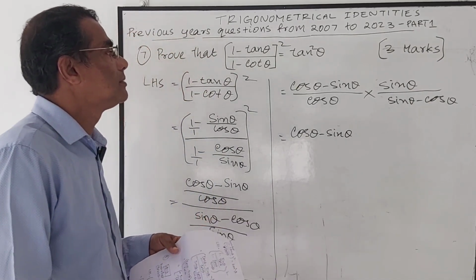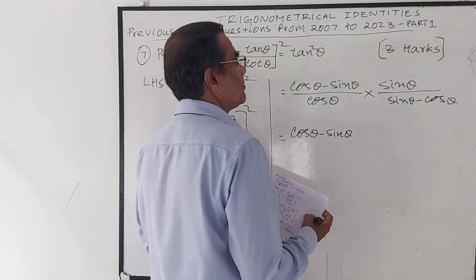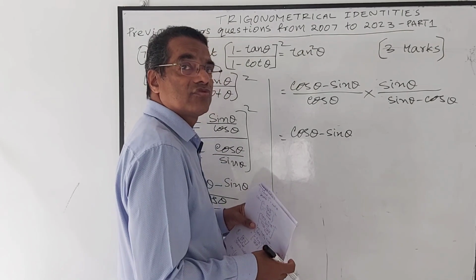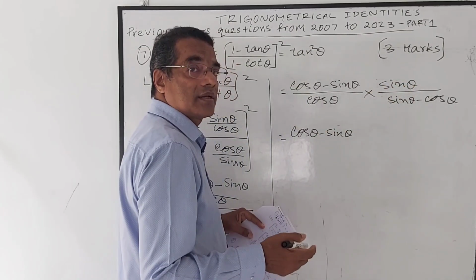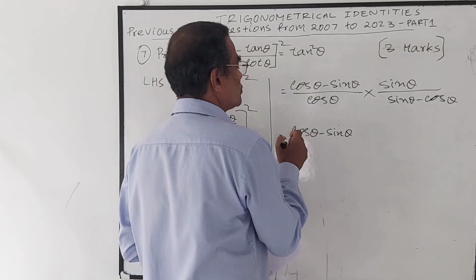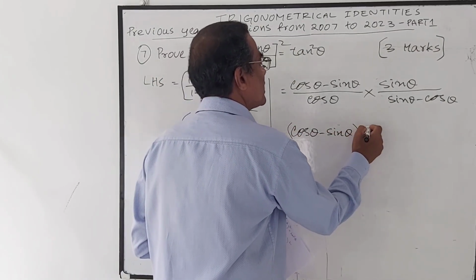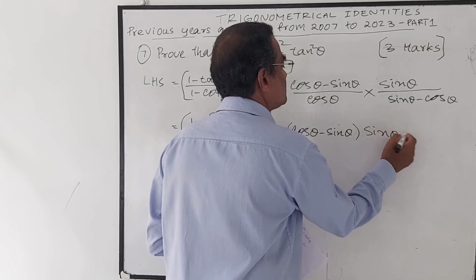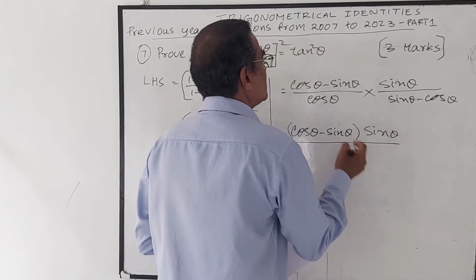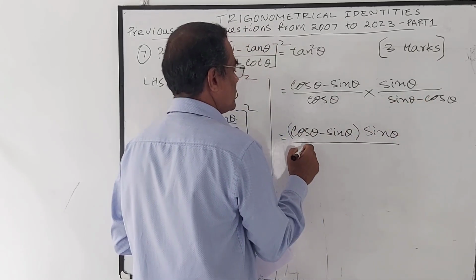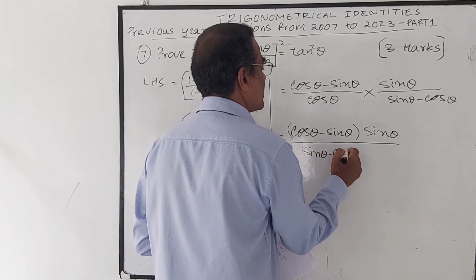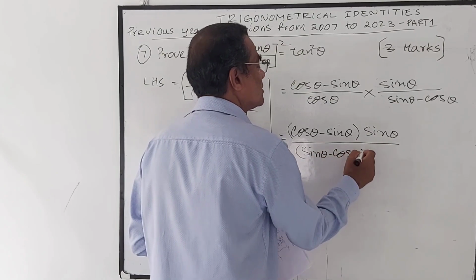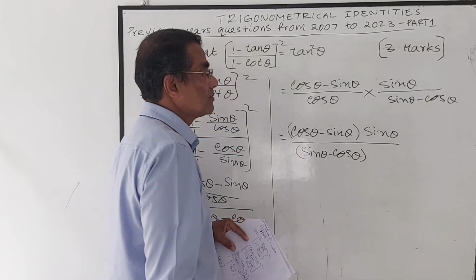When we are multiplying two fractions, we will multiply the numerators and multiply the denominators. Cos theta into sin theta divided by multiplying these two, that is sin theta, sin theta minus cos theta I am writing first. There is no problem in the order of multiplication.